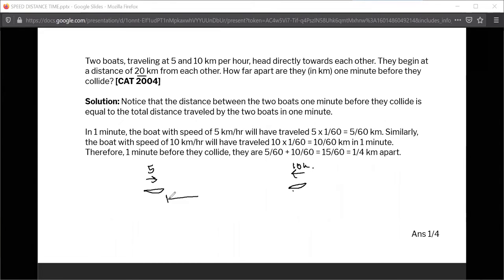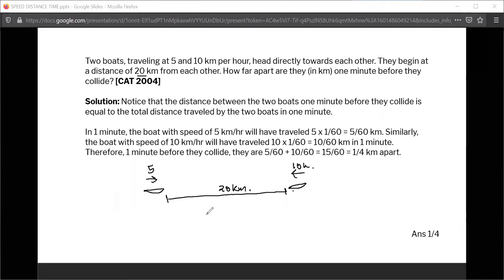So they start the motion when the distance between these two boats was 20 km. How far apart are they, in kilometers, 1 minute before they collide? That's the question. So just consider the last minute.